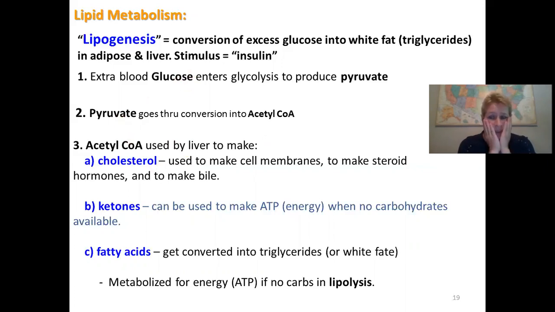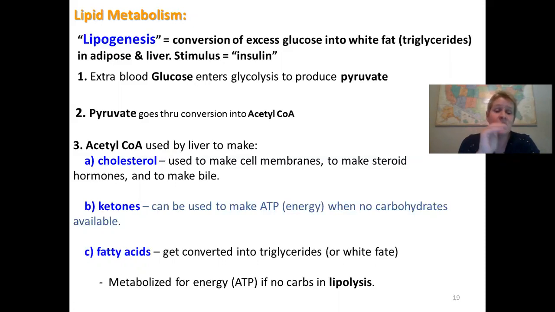Acetyl-CoA can go backwards through conversion to become pyruvate, and pyruvate can go backwards through glycolysis to make glucose. Guess what? Glucose can be turned into fat, and fat can be turned into glucose, all right? It's just the pathways are going in opposite directions. See, we just made fat from glucose. There's no reason why we can't take fat and make glucose out of it, because that's where it came from. Okay, so the long G word that is making glucose from a non-carbohydrate source, in this case, it's lipids.